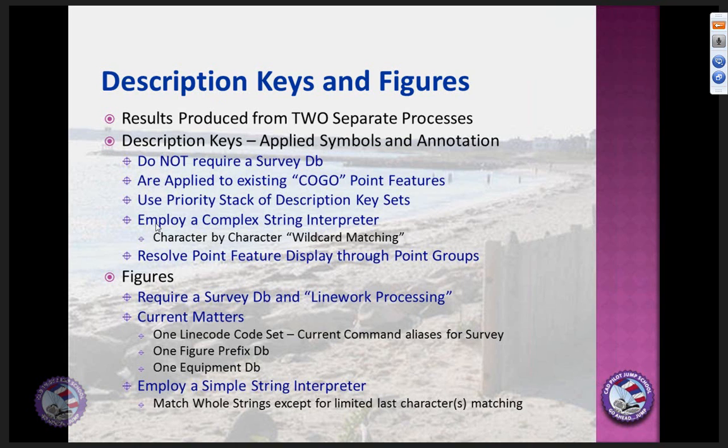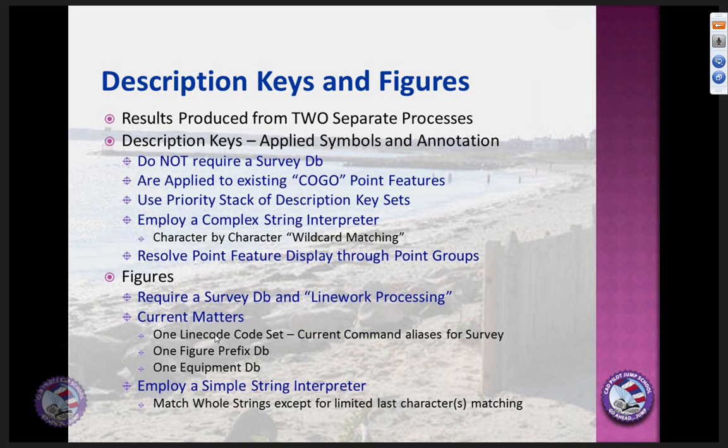Whereas a description key engine looks at things character by character. Okay, and both of them are sequential, not in big chunks. Okay, so figures do require the survey DB and employ line work processing is the key word when you're looking for that. And there are current settings that matter.